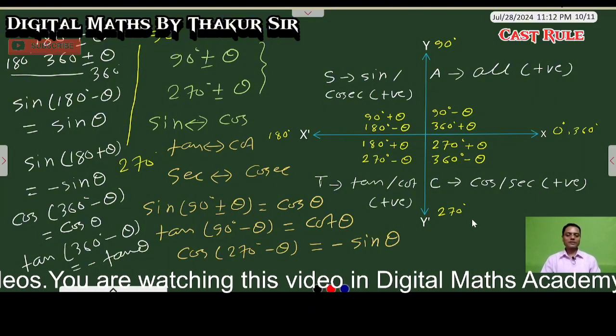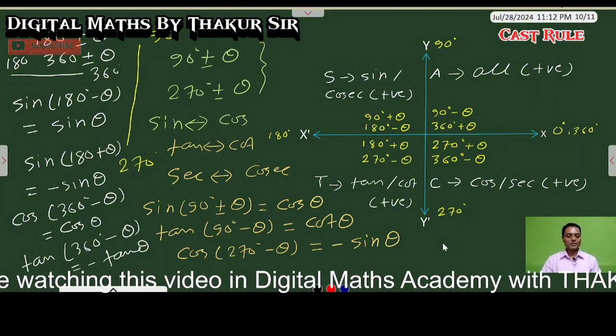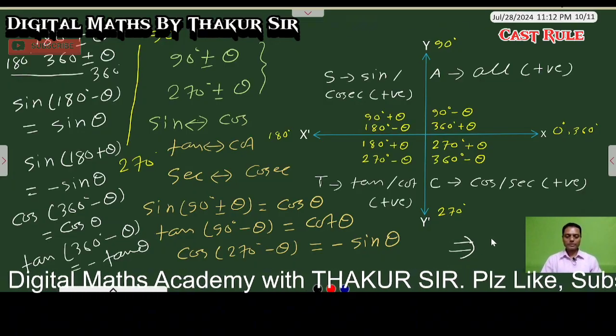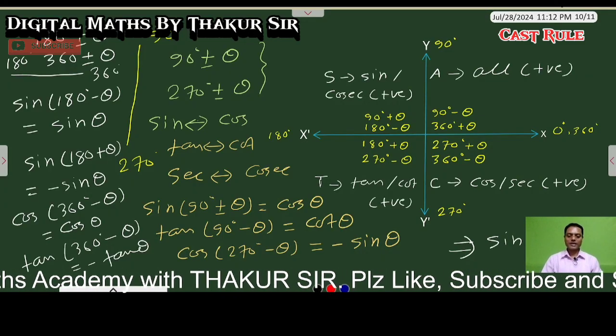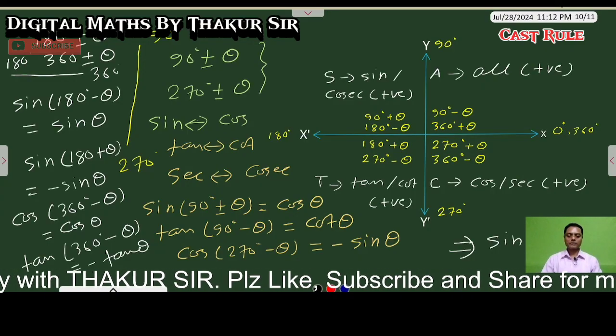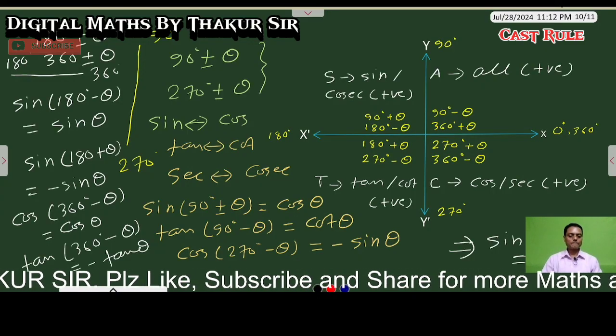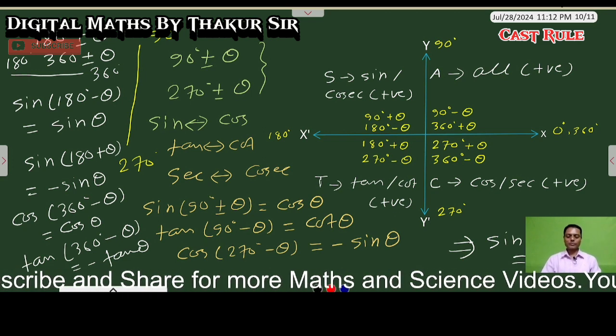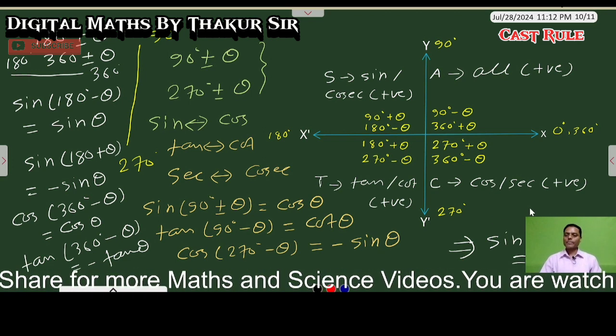But when there is 360 degree plus theta, all give positive values, because it lies in the first quadrant, so sine 360 degree plus theta means sine theta. Similarly, sec 360 degree plus theta and cosec 360 degree plus theta never change.